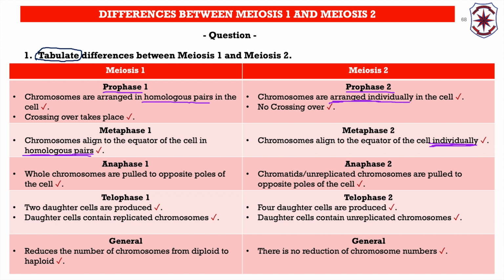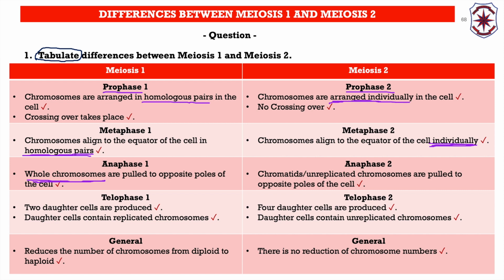In the anaphases, do we have a difference? Yes, we do. In anaphase 1, as the spindle fiber contracts, whole chromosomes are pulled to the opposite poles of the cell.